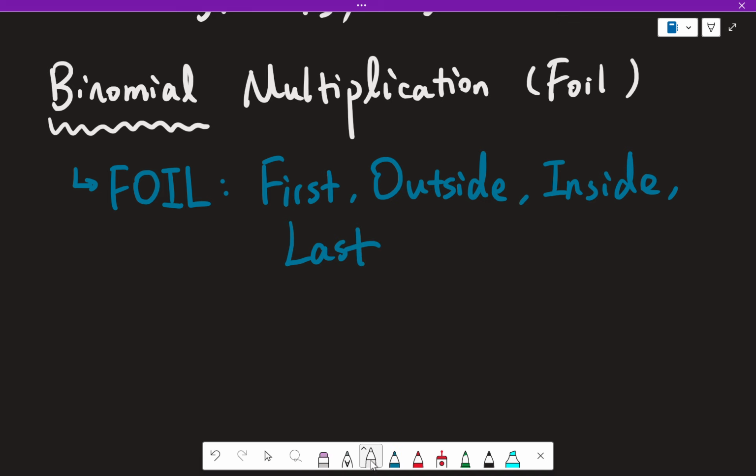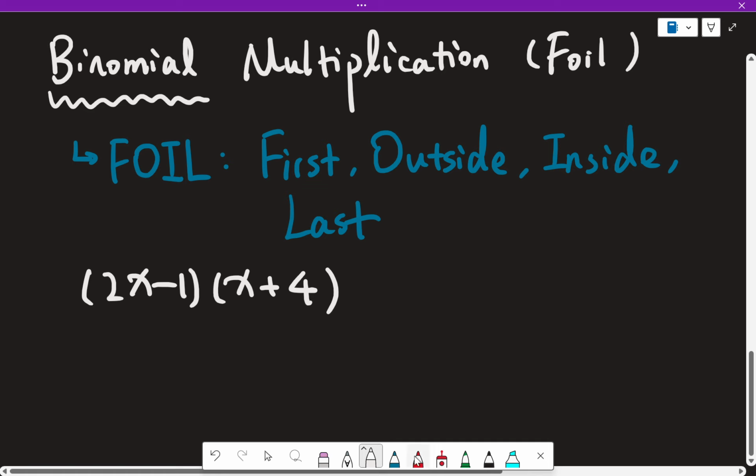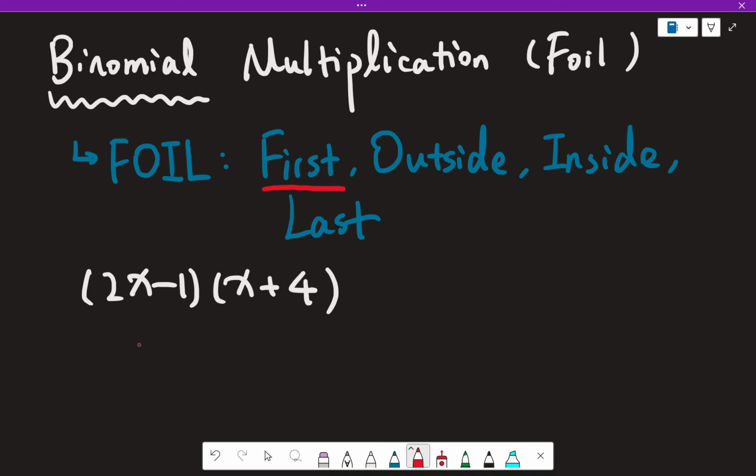So let's take a look at a specific example to understand how this FOIL method works. So this is a multiplication of 2 binomials. Each bracket has 2 terms. So how can we use binomial multiplication? First, we want to multiply the first term of both brackets.